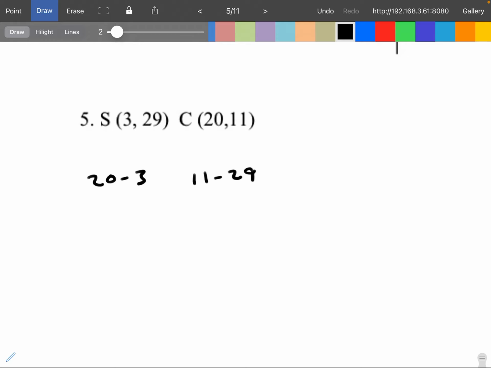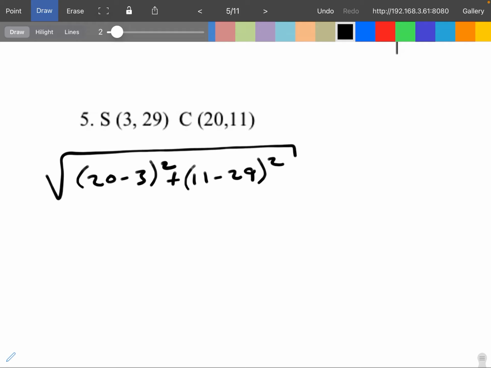So 20 minus 3. Then what do I do after that? I'm saying what's the process? I said subtract the x's. Subtract the y's. What are the y's? 29 and 11. So I'll go 11 minus 29.